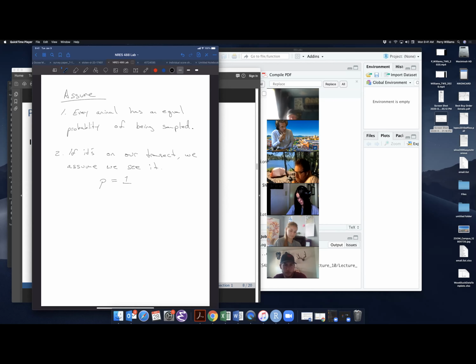This works well for studying humans sometimes, but it's a big issue in wildlife science, whether we see every animal that's within our transect. Animals don't like to be seen. And actually people, if you send them a survey letter, rarely does everybody respond.